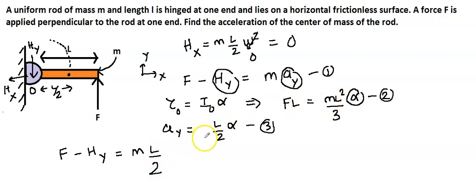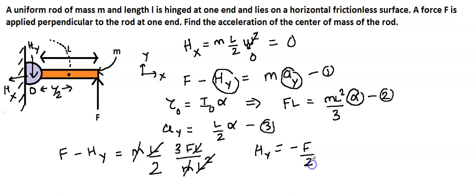And alpha is nothing but 3FL by mL squared, right? So all of this cancels out, and we have 3F by 2 left over here. So Hy is F minus 3F by 2, that's minus F by 2. Hy is minus F by 2.